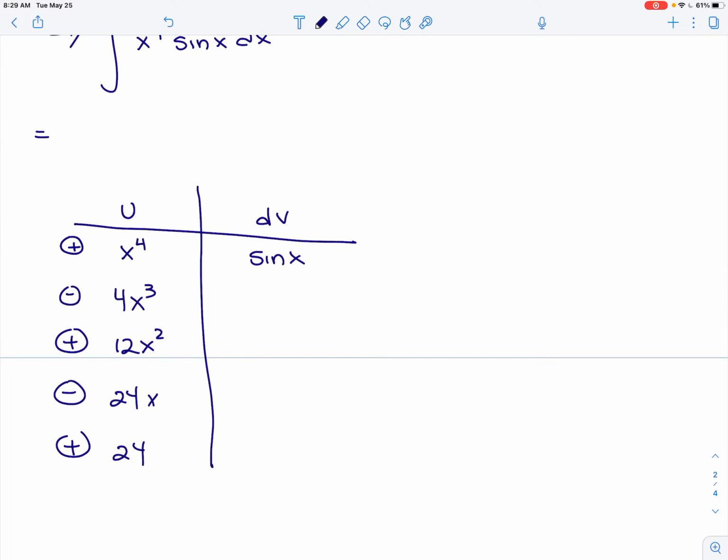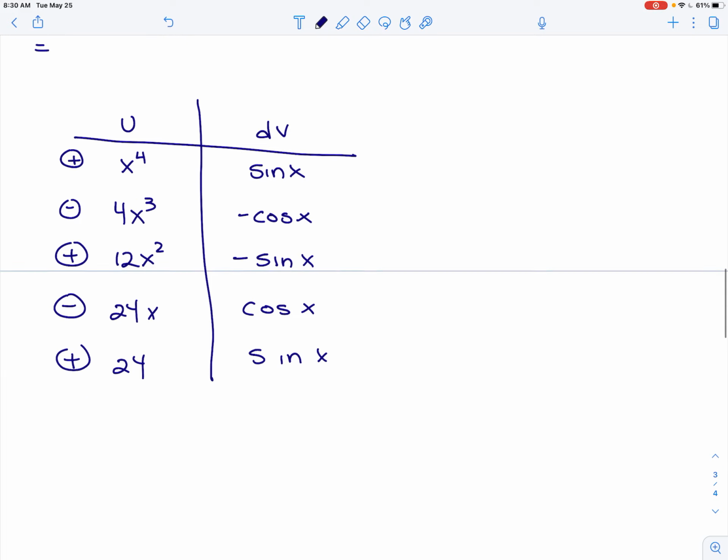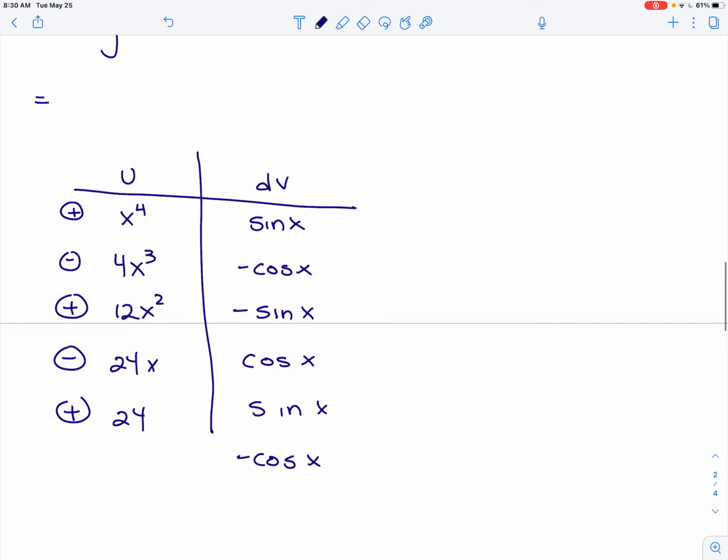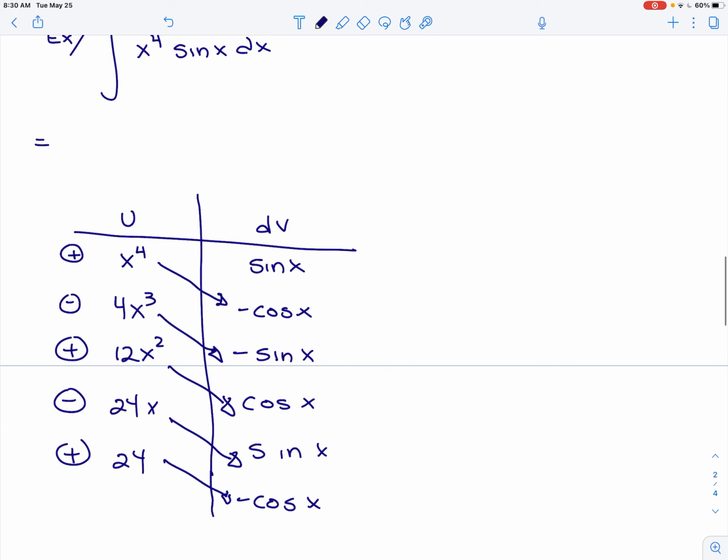Okay, I'm integrating. So the integral of sine x, you want to be careful, is minus cos x, and then minus sine x, and then cos x, and then sine x, and you want to go one more, so minus cos x. And then your answer is going to be this times this times this. So you can convince yourself why this is true, maybe by looking at my first example.